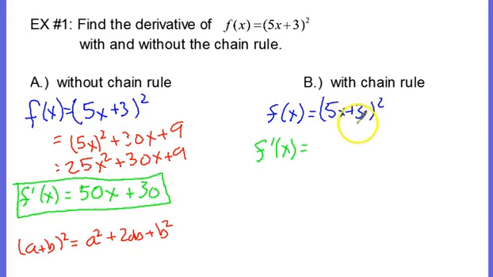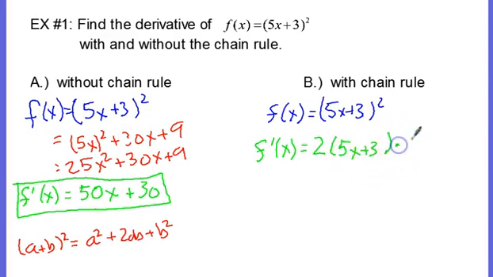The outside function is essentially x squared, and so that would be 2 times x. But in this case, x is actually 5x plus 3. That's my inside function. I'm just going to leave it alone. And power times base, which is 5x plus 3, down 1, and that's what I've got.